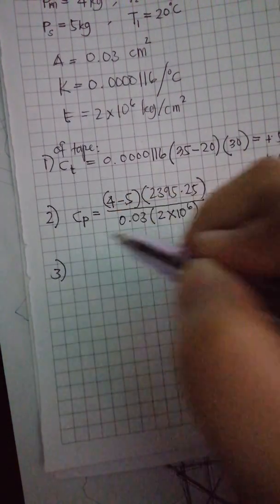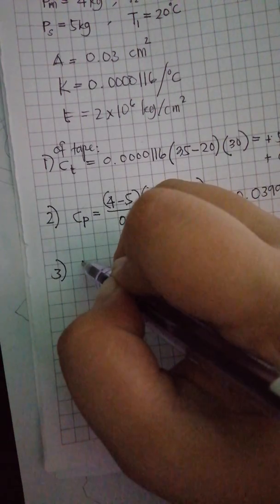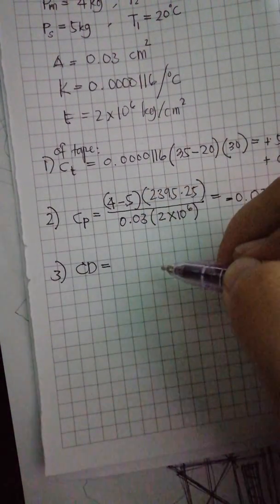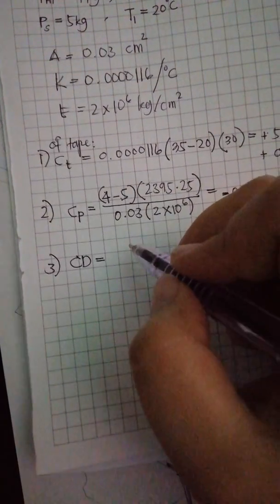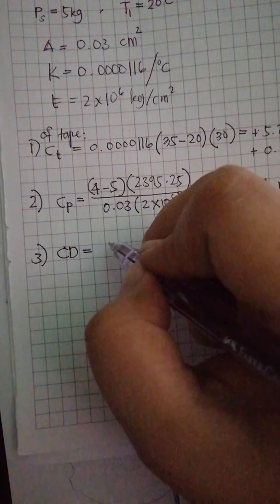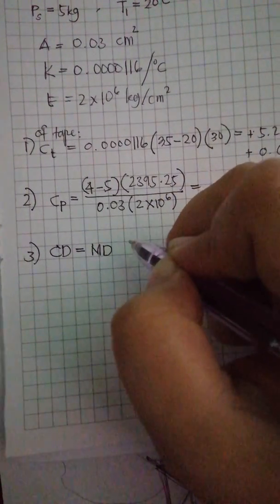Number 3 is the corrected length of line. So yung correct distance ng line is combined correction sa tatlong causes of error. So first, you now have the measured distance.